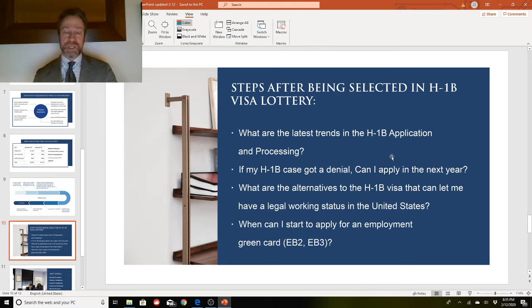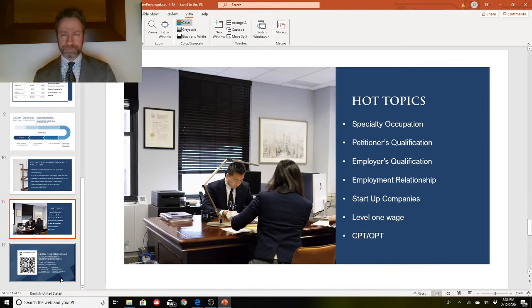In some cases, you can even apply for a green card before you get the H-1B visa. But just so you know, the green card takes several years at least to get approved. And it takes much longer for certain nationalities like Chinese nationals and Indians. So normally you would have to have some other type of visa in the interim, like an H-1B visa, before you can get your green card.